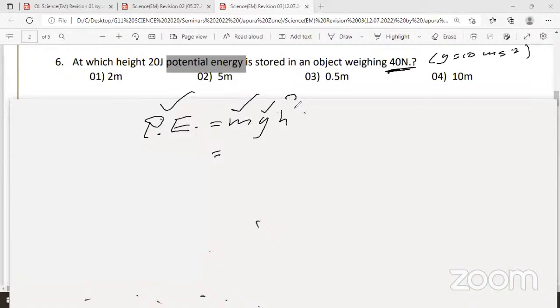So what is the only unknown here? h. All the others are known. Potential energy is 20 joules, mass is actually 4 kilogram, g is 10. If you want to write separately, W equals mg.